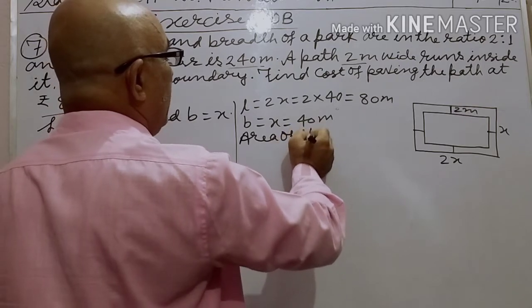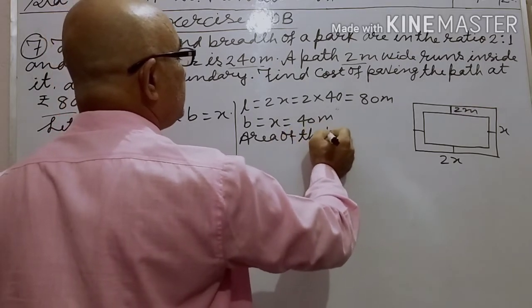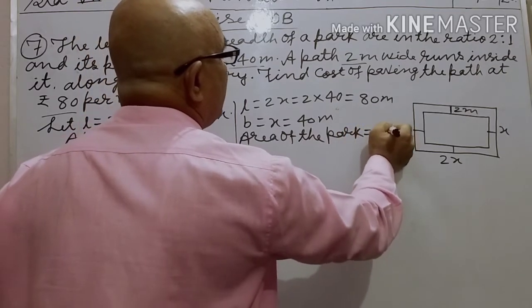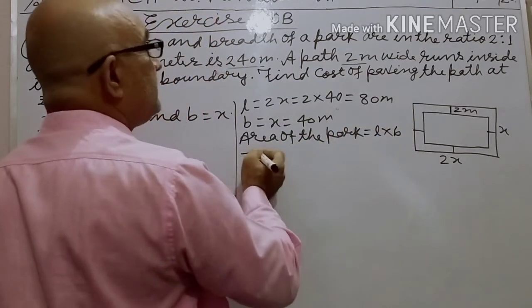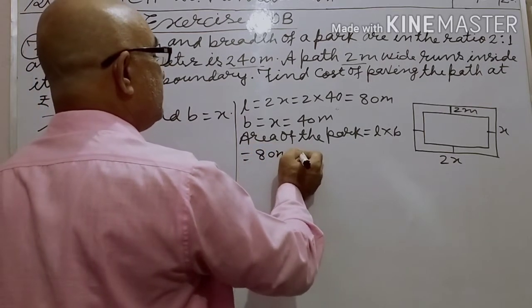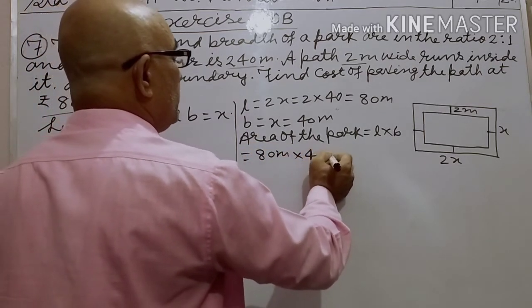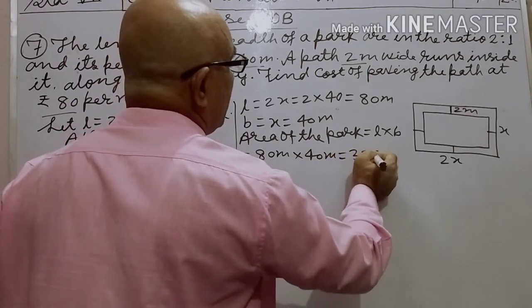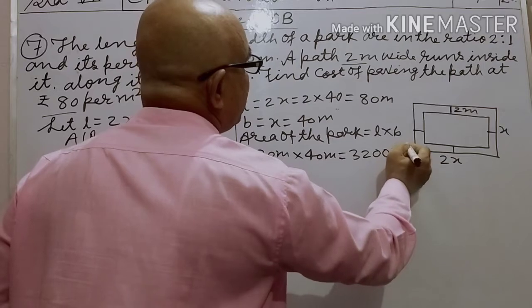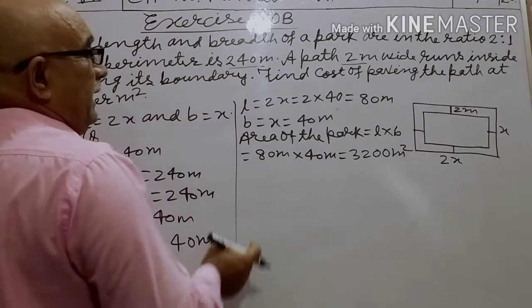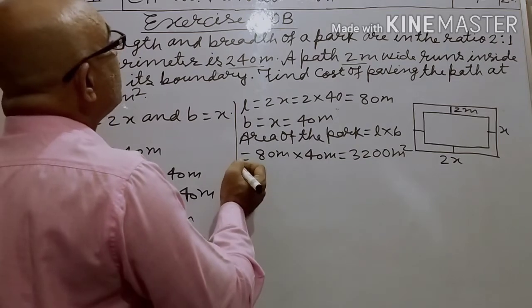Area of the park equals L into B, equal to 80 meter into 40 meter, equal to 8 4s are 32 and double 0, 3,200 meter square. Area of the park.